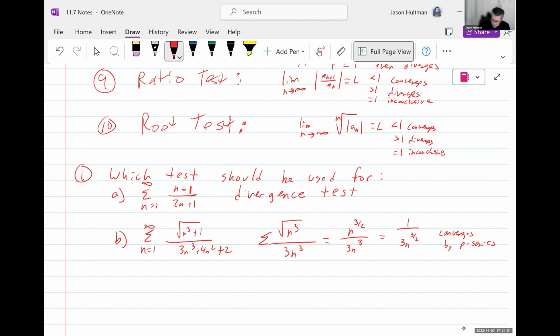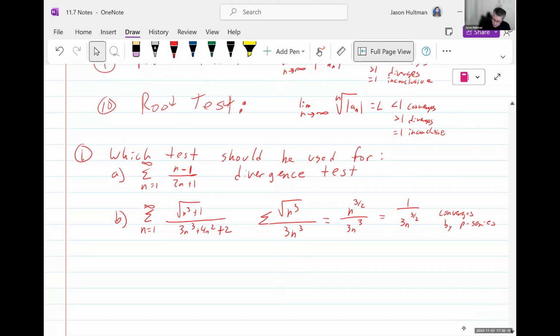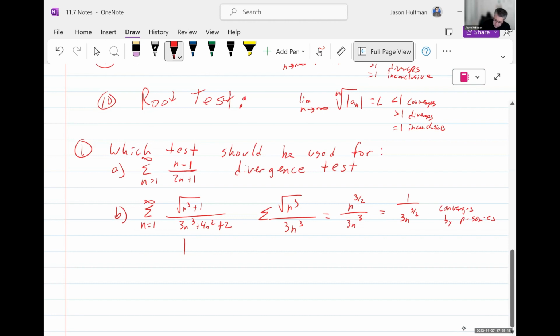I don't know that because the plus 1 is under the square root, and I've got these extra terms on the bottom. I don't really know if a sub n is really going to be less than, but I can create a ratio of these two and use the limit comparison test on that one.